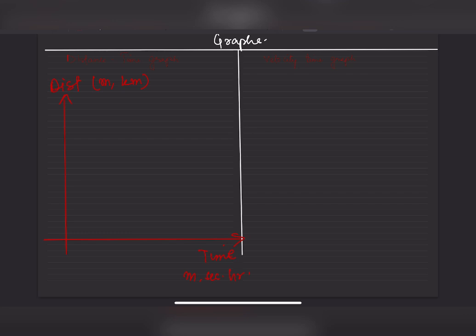Now, let's say I have a graph like this. And I have the same graph for this one also, but the difference is, in my second graph, this is my velocity and this is my time.